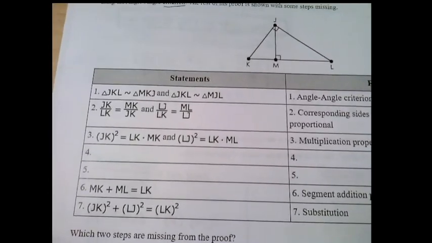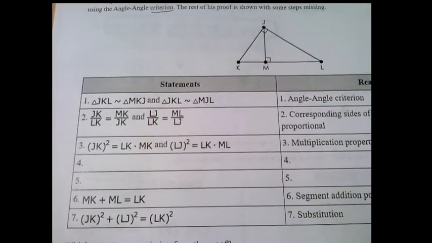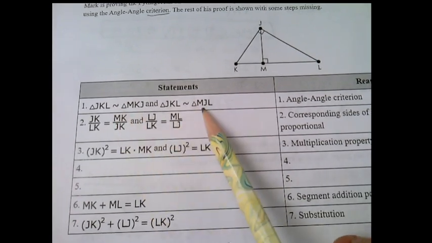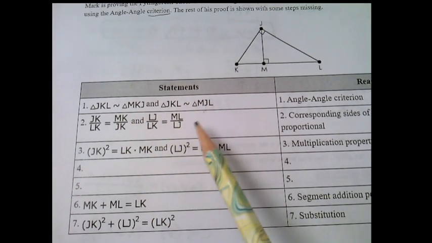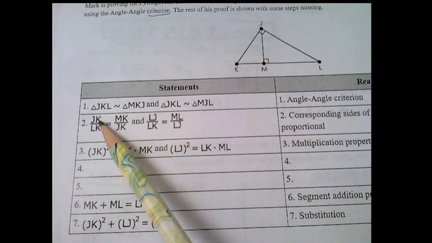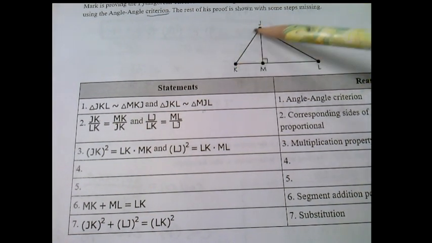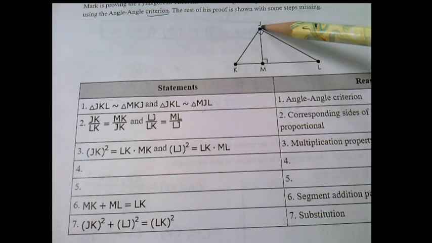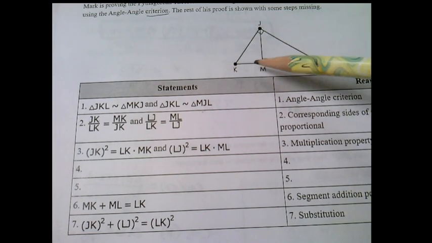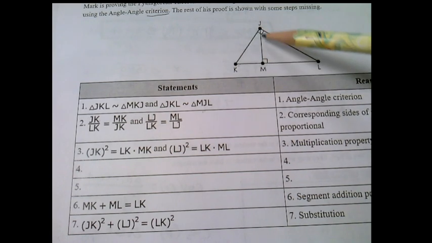Okay. So it says here that the triangles are all similar. They've already proven that, I guess. And now he says JK is to LK. So in this big triangle, the short leg is to the long leg, as MK is to, let's see here, MK is to JK.